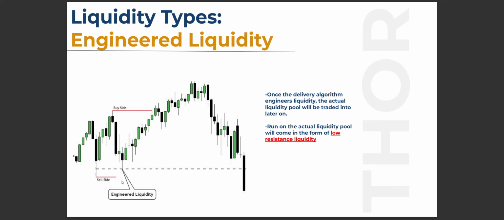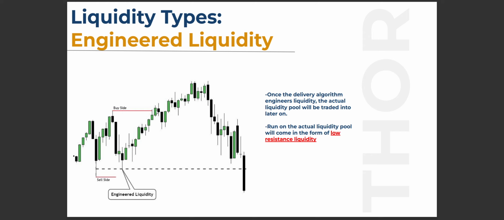The sell side does not engage with it, right? It doesn't run, it doesn't collect the fuel here, the sell stops. Rather, it stops and reverses at the mid level or CE of this wick, of the sell side's wick, right? It rejects there and runs the buy side.